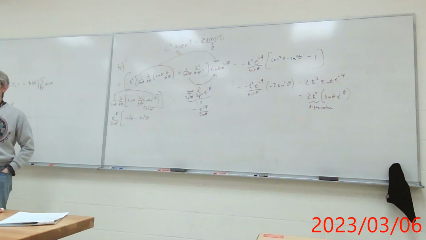In part A, we're asked what is the wavelength of a photon emitted in a vibrational transition? Well, the photon emitted is going to have an energy equal to h bar omega, or hf if you prefer. And the frequency is c over lambda, so this is hc over lambda, where lambda is the wavelength.